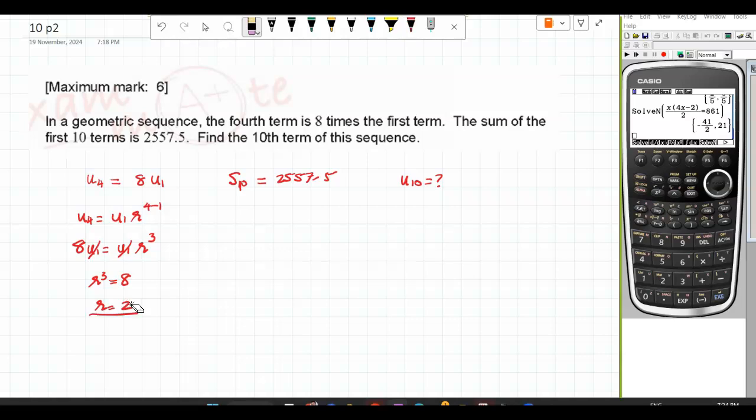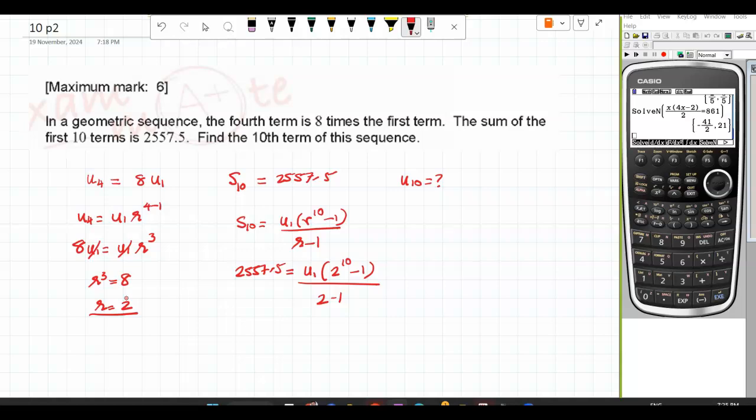Now you've been given the sum of 10 terms. So apply Sn, so S10 is equal to U1 R raised to n minus 1 upon R minus 1. So this is 2557.5. U1 is what? What's my first term? So you can find it out. So U1, correct? R is 2 raised to 10 minus 1, correct? Yeah, directly.